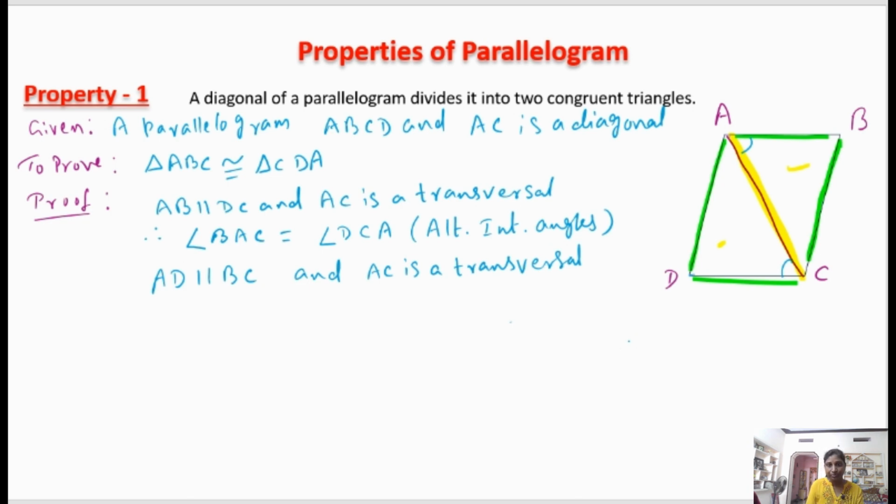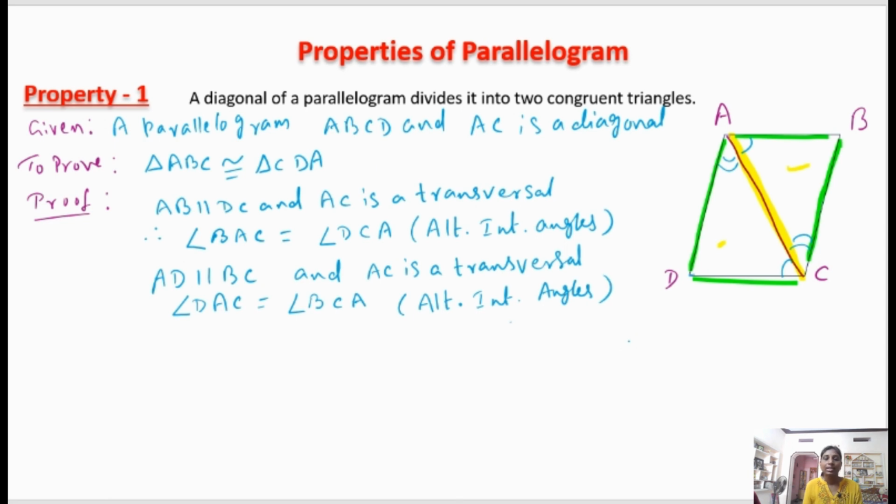So we can say that this angle is equal to this angle. Clear? So we can write angle DAC is equal to angle BCA. What is the reason? Same reason, alternate interior angles.